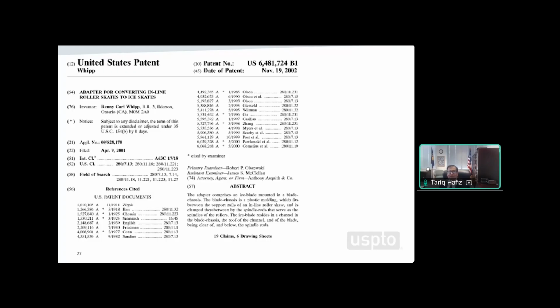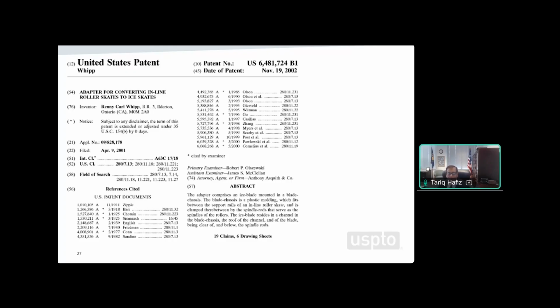And this is important, right? This is what is used in the US first to file system. So if somebody uses your invention, and you filed it back in 2001, that's your priority date. So it's really important. Filing earlier gives you this advantage.